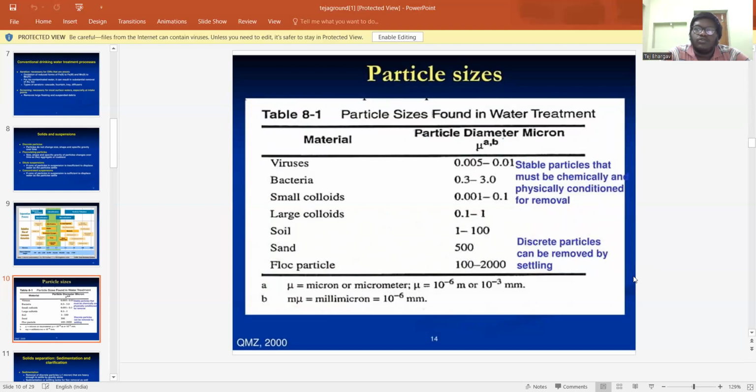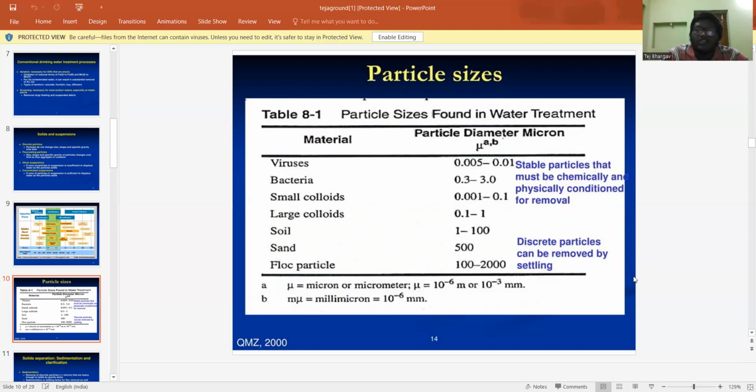Here the units are in micrometers, where 1 micron or micrometer is equal to 10 to the power minus 6 meter or 10 to the power minus 3 mm. Stable particles must be chemically and physically conditioned for removal.